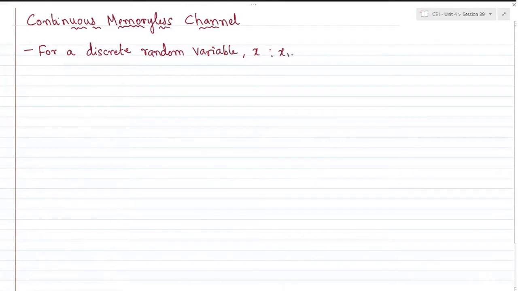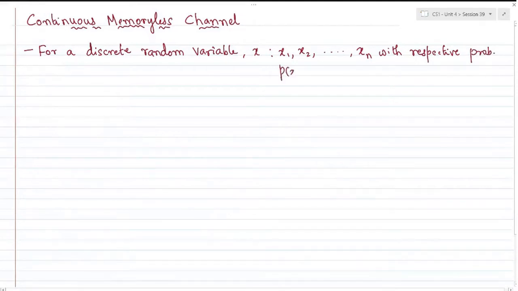x, which took the values x1, x2, up to some specific quantity xn, with respective probabilities as P of x1, we indicated with capital P to represent probability, and so on up to probability of xn, right?